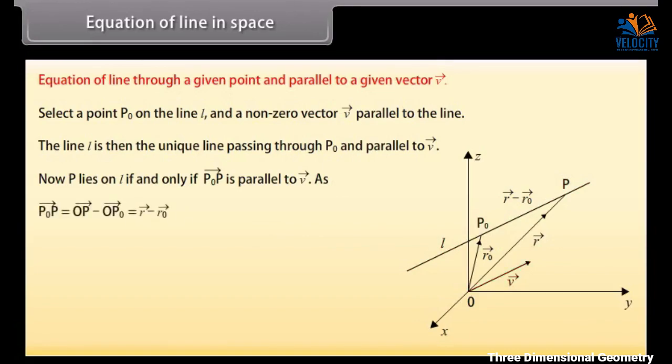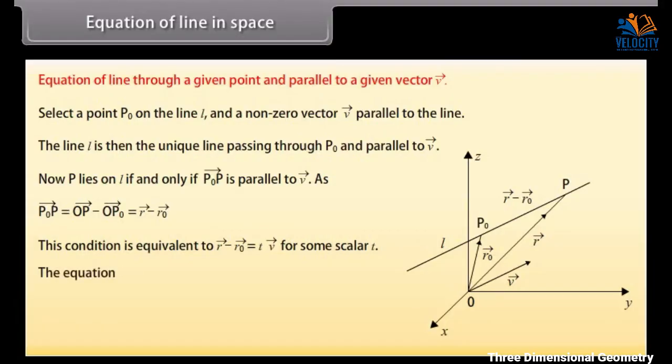As vector P0P is equal to vector OP minus vector OP0, which equals vector R minus vector R0, this condition is equivalent to vector R minus vector R0 equals t vector V for some scalar t. The equation vector R minus vector R0 equals t vector V is called a vector equation of the line L.